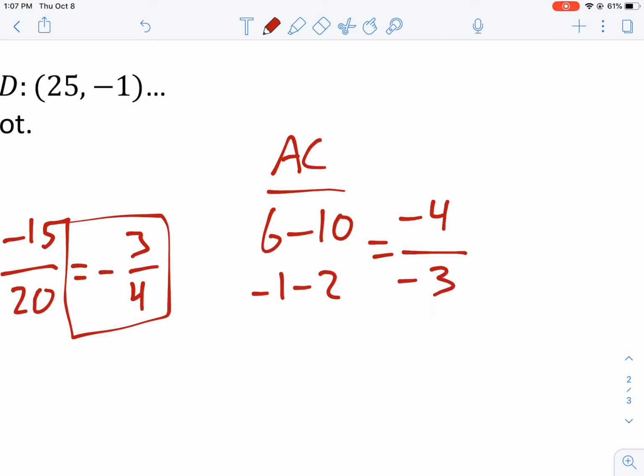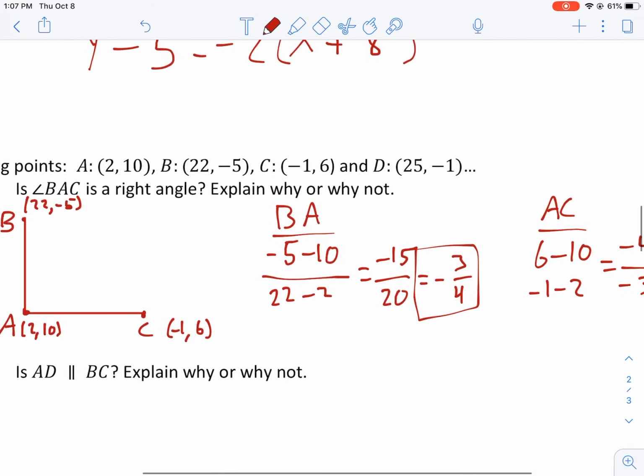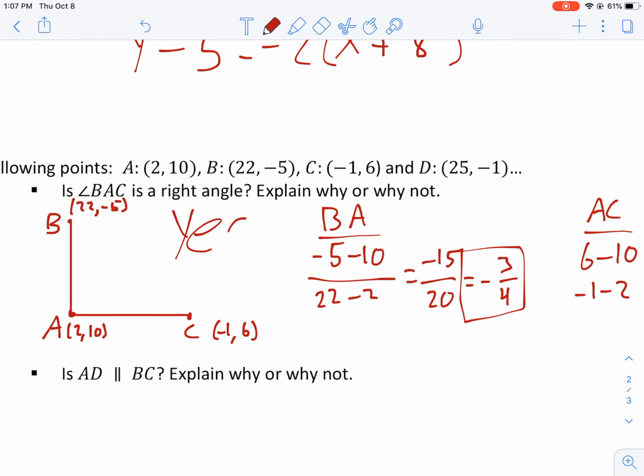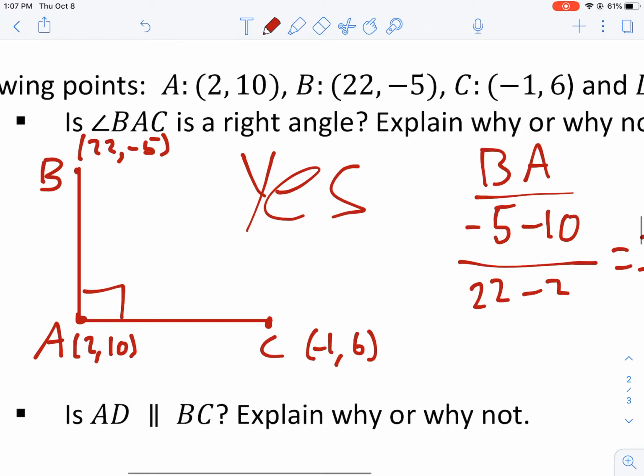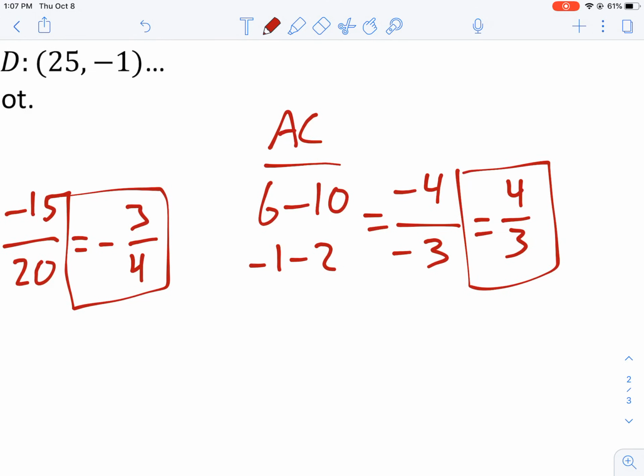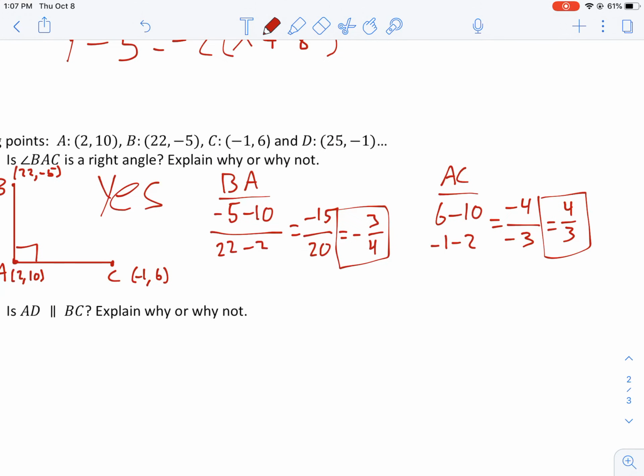A negative divided by a negative is a positive, so this is positive 4 over 3. So yes, all right, it is a right angle. It's a right angle because 4/3 and negative 3/4 are opposite reciprocals, right? One's positive, one's negative, and we got 3 over 4 and 4 over 3. So yes, all right, it is perpendicular.